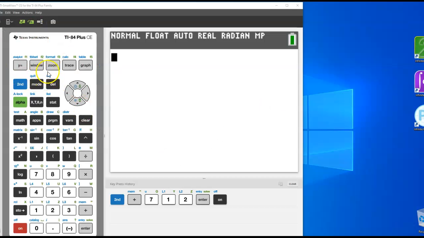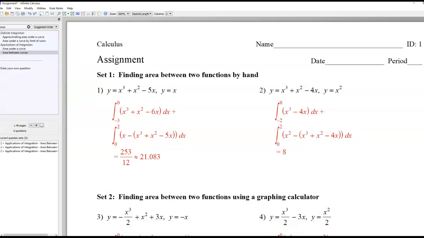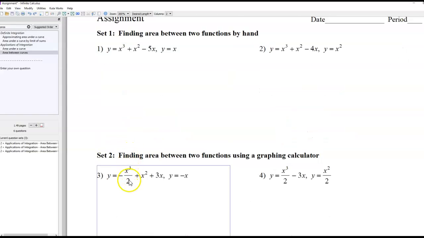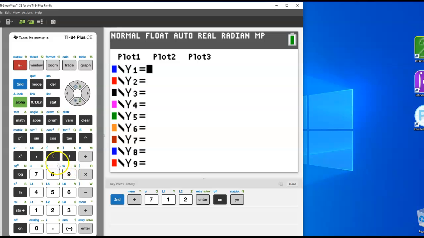Okay, so here's my calculator. We're first of all going to be punching in our functions here. So we're going to push y1. So what was our first function? It was -x cubed over 2 plus x squared plus 3x. Let's type that in first. Anytime you're doing this, don't forget there's a difference between negative and minus. We're going to put the negative there.